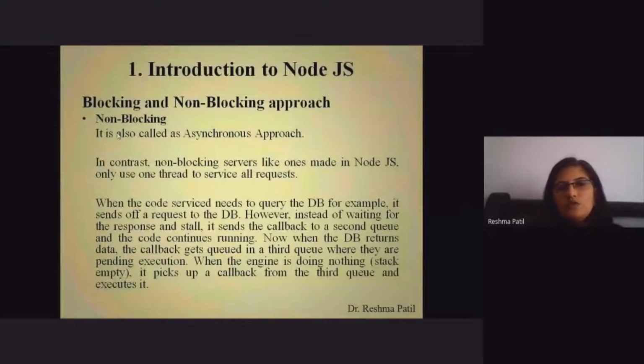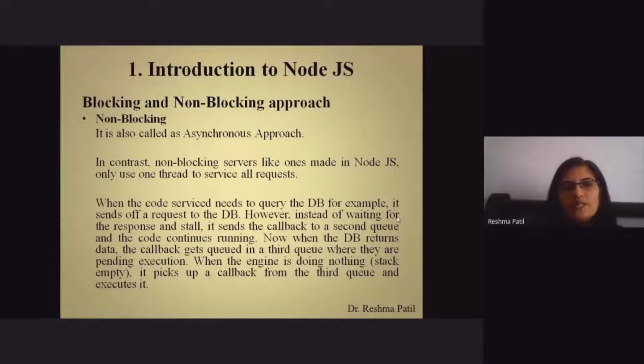And opposite to this, non-blocking is also called an asynchronous approach. In contrast, non-blocking servers like ones made in Node.js only use one thread to service all requests. Here we are using one thread to service all requests in Node.js. When the server code needs to query a database, for example, it sends off a request to the database.